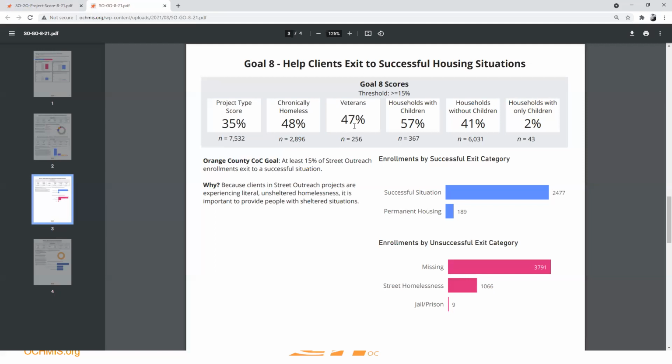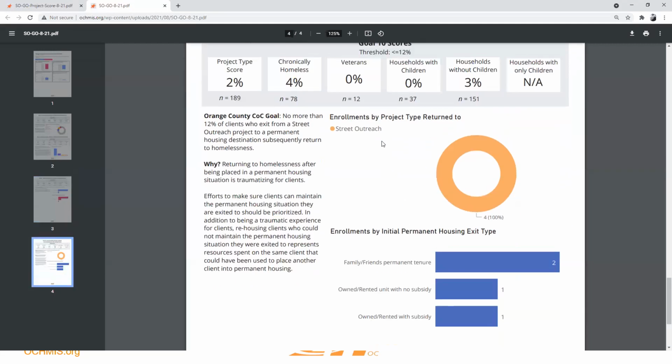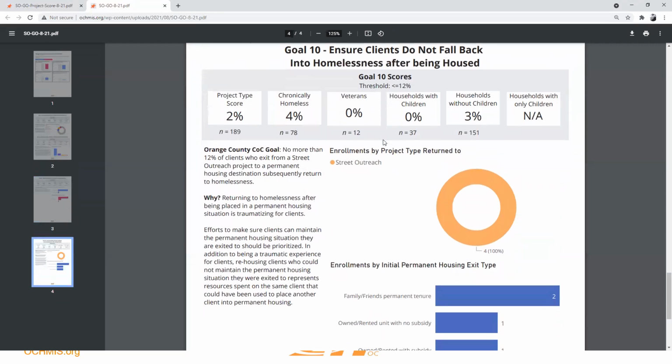All right. And our last measure is looking at street outreach clients that exited straight to permanent housing and then later returned to the homeless system.